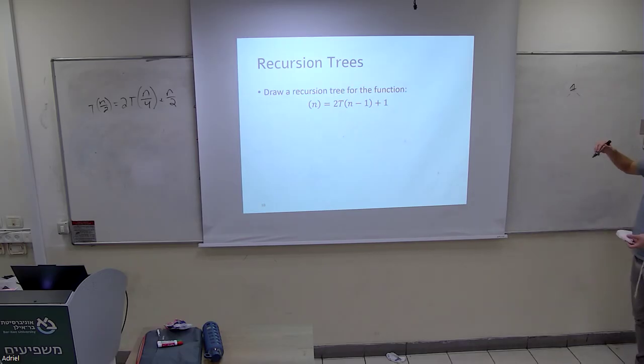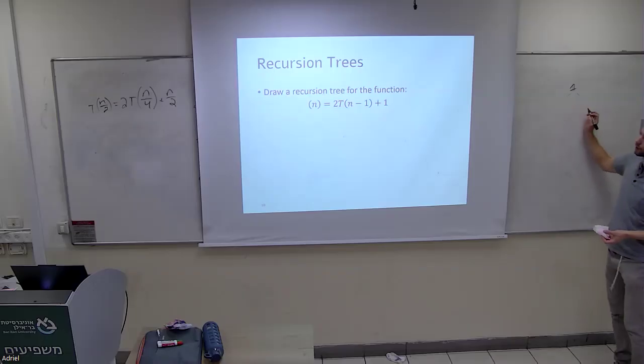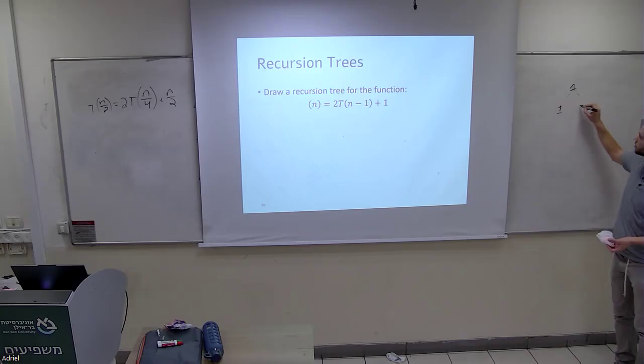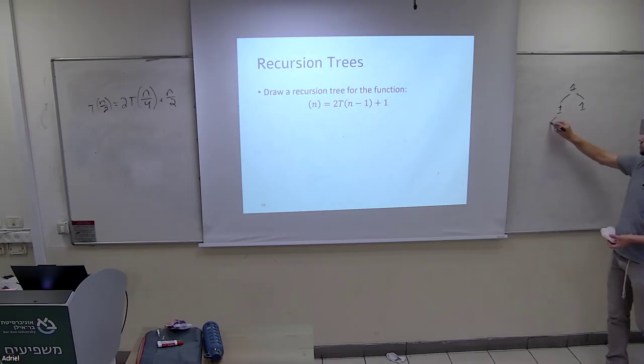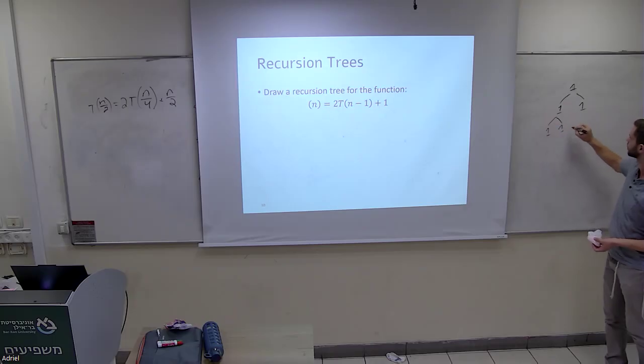Because it's 2 times T(n minus 1). Now each one of these, how much work do we have? Each one we have 1. Cool, that's a good plan. So it keeps on splitting into 2, and each time does 1.